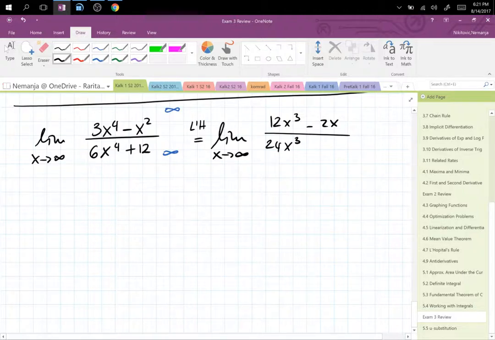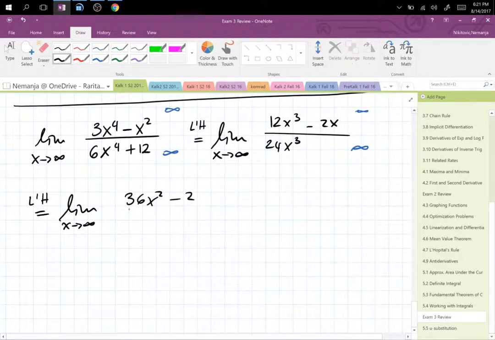Now we plug in infinity, and you see it's still infinity over infinity. You do L'Hopital's rule again. Now when I do the derivative, I get 36x squared minus 2 over 24 times 3, which is 72x squared.